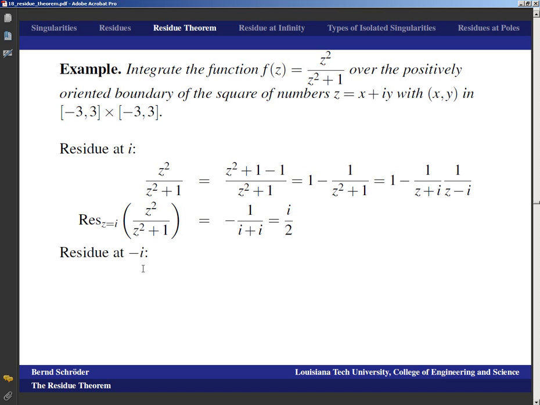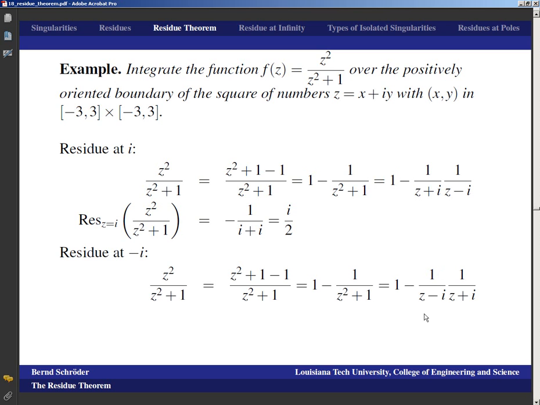The residue at negative i, well, z squared over z squared plus 1 expands in the same way. It's still 1 minus 1 over z minus i, 1 over z plus i. The only thing that I changed is the order of the factors at the end. And so this time the residue ought to be the value of 1 over z minus i at negative i.